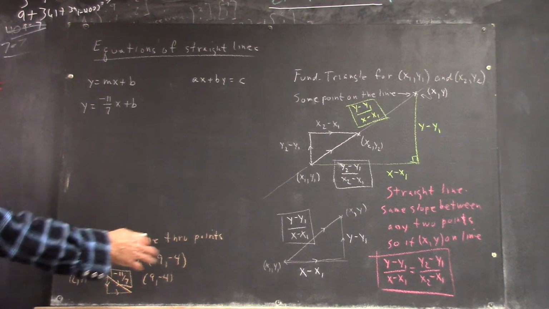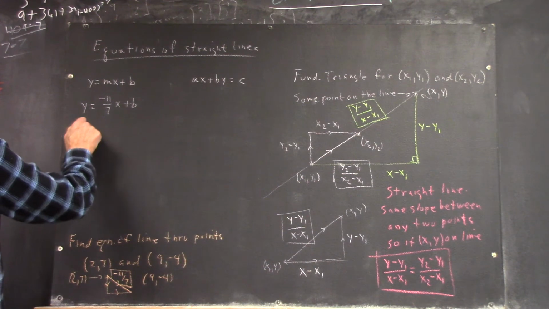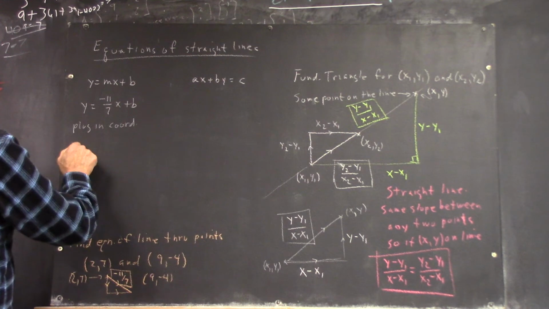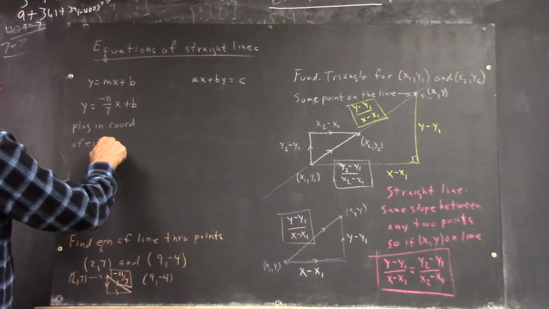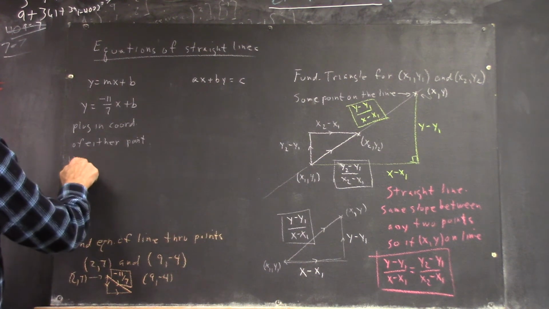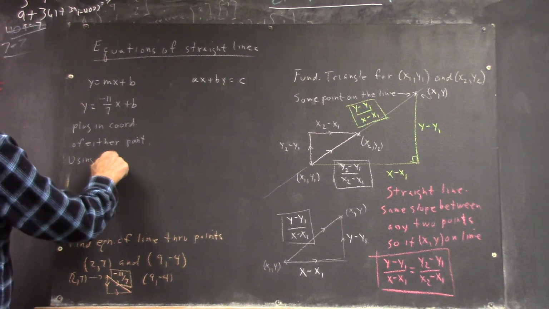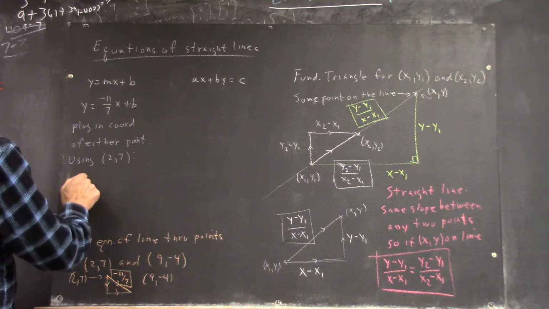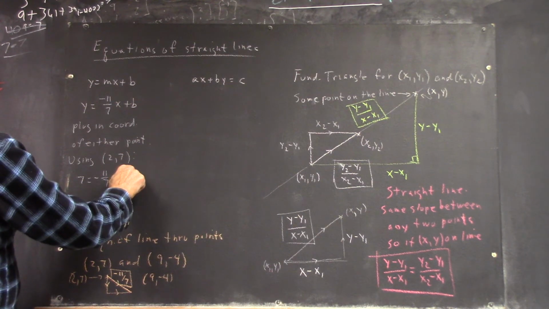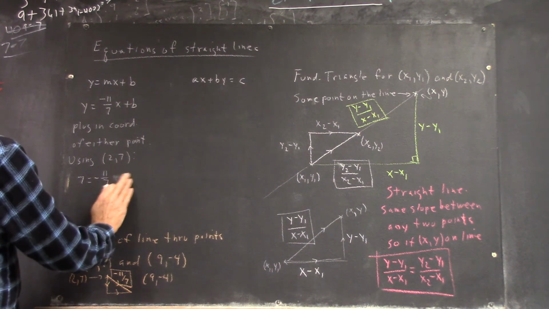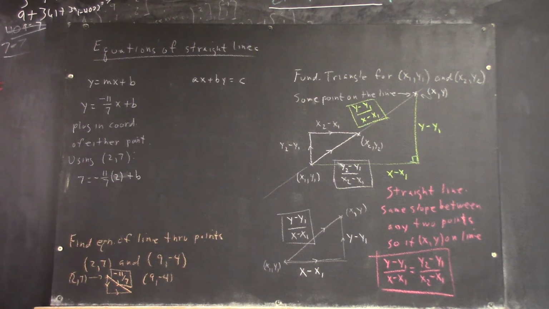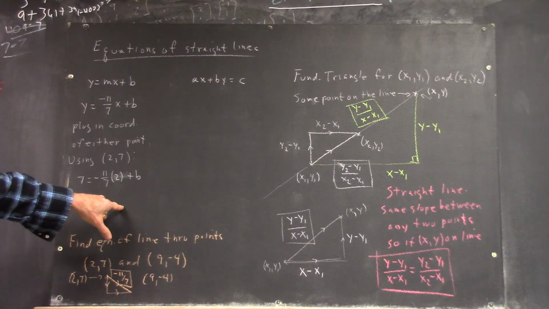We can take the coordinates of either point, plug them in, and we get this, so we can solve it for b.